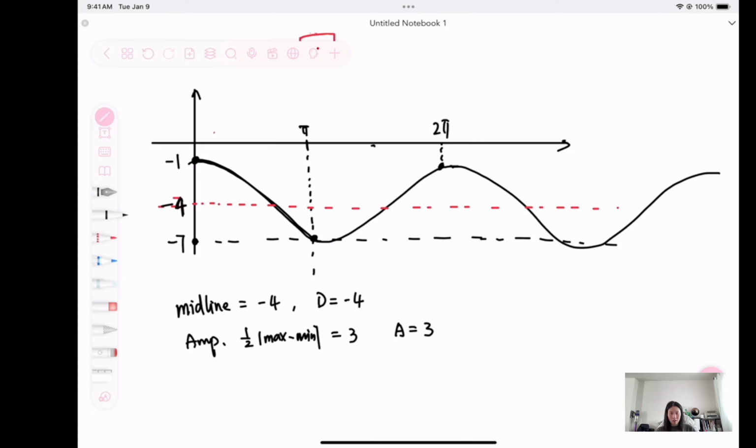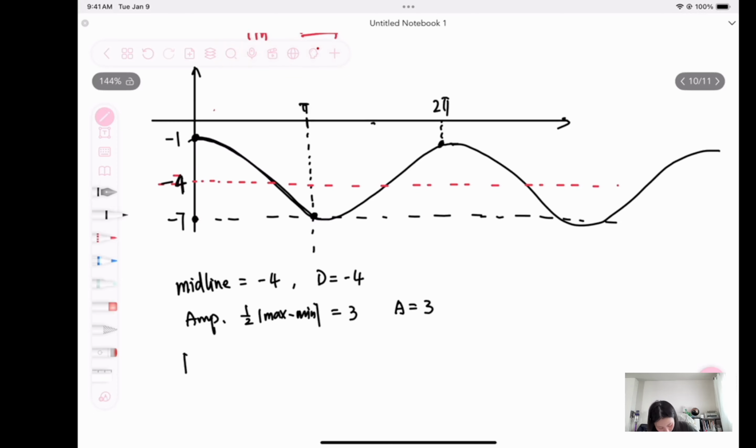What's next? Period. We know that they repeat every period, not phase shift. We do phase shift later. So the period is going to repeat every 2 pi, right? So the period is equal to 2 pi divided by b, and the period is equal to 2 pi, so we can solve for b equals 1. Next is the phase shift.